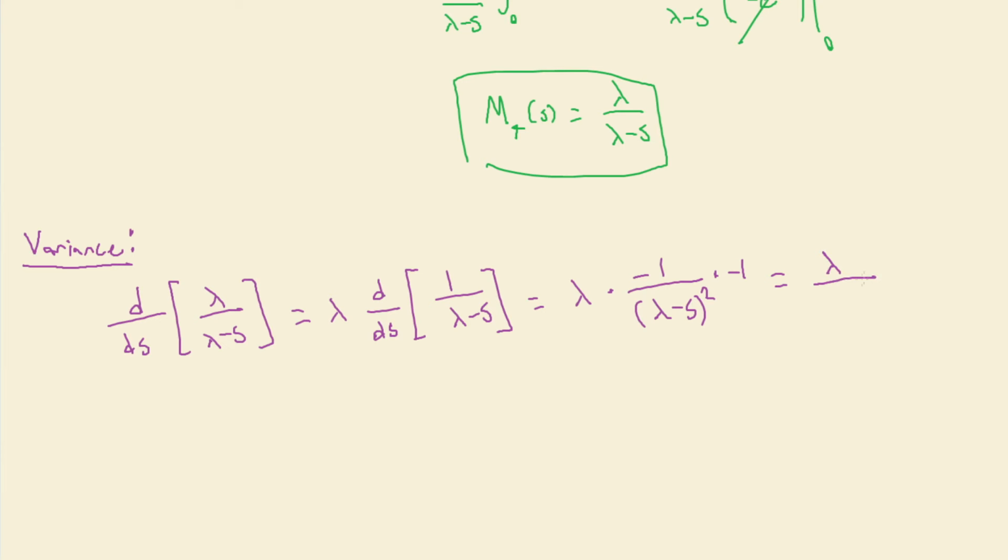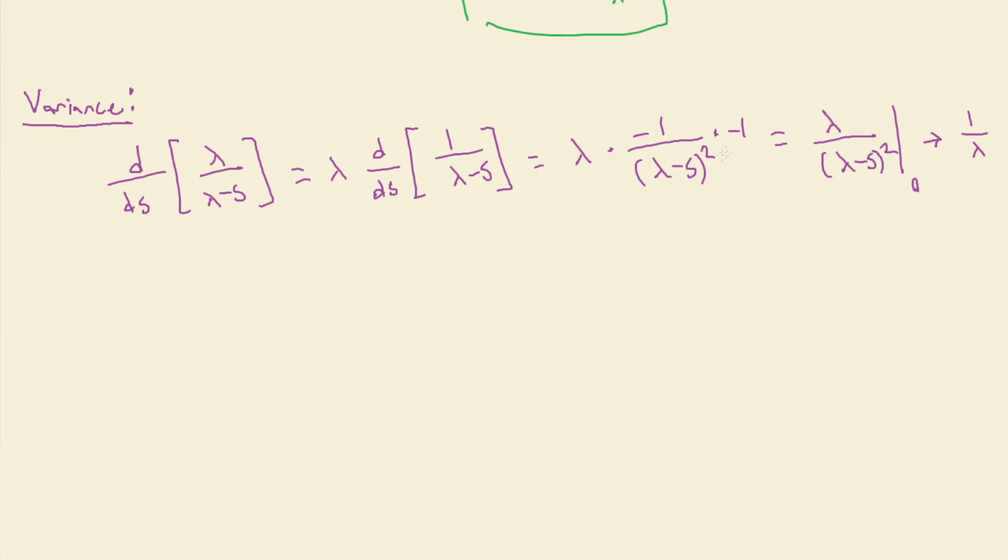We'll get lambda over lambda minus s squared. And if we were to evaluate this at 0, what would happen? We'd get lambda minus 0 squared, and so we'd have lambda over lambda squared. And so evaluated at 0, this becomes equal to 1 over lambda, which is what we get for our first moment here. So this is a good indication that our moment generating function here is correct.